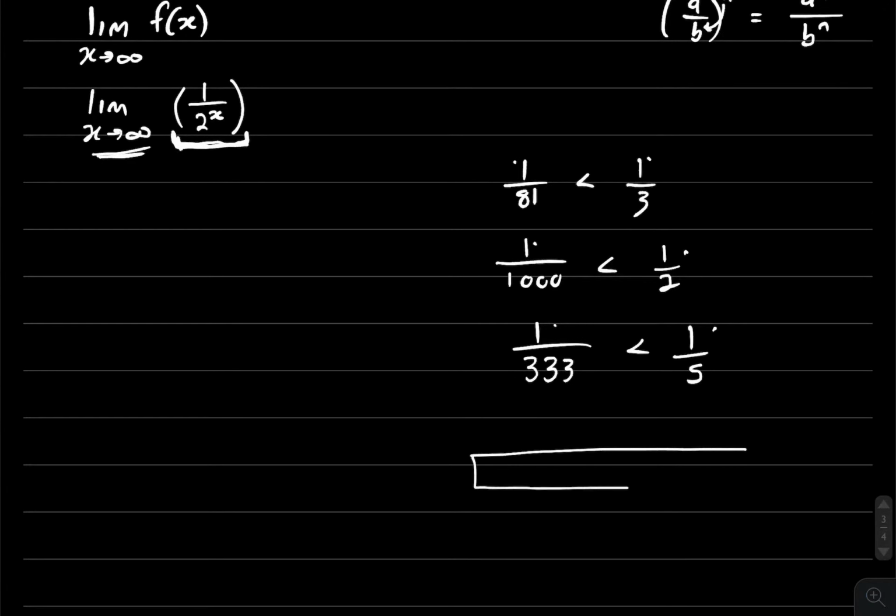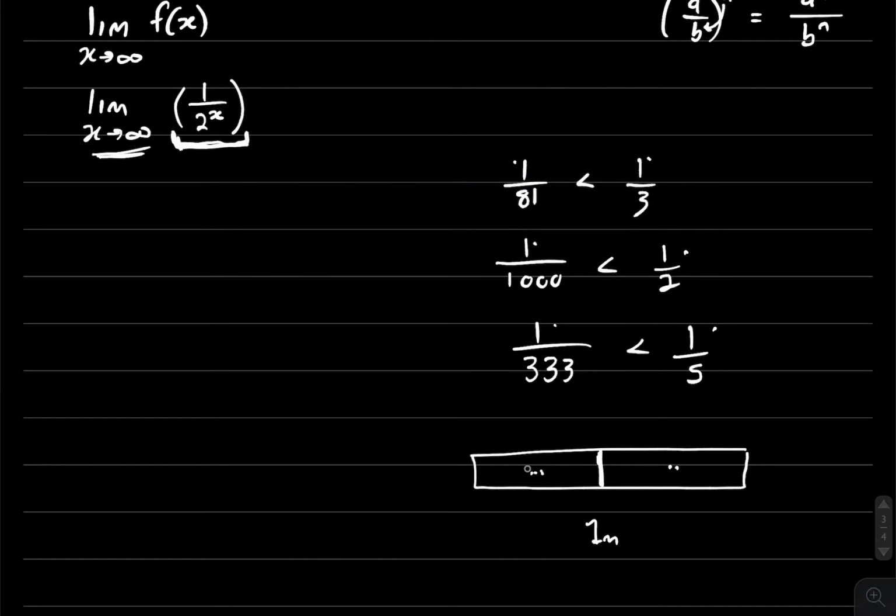Okay? So think of it this way. It's like taking, let's say that we have a block here that has a length of 1 meter. If you divide it into two lengths, each length will still be pretty long, right? It'll be 0.5 meters.